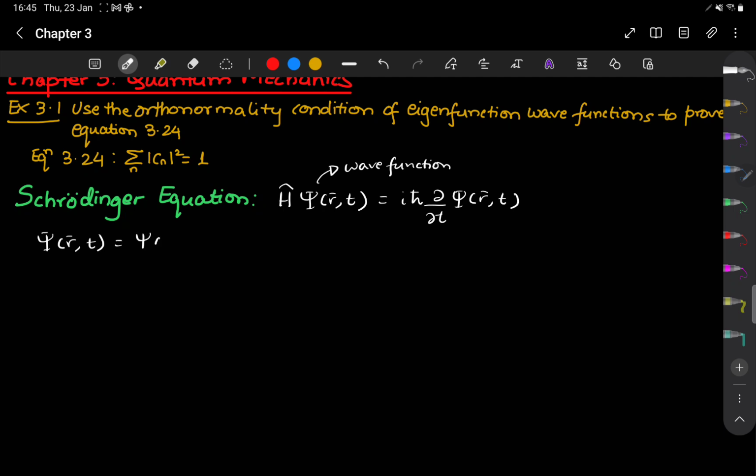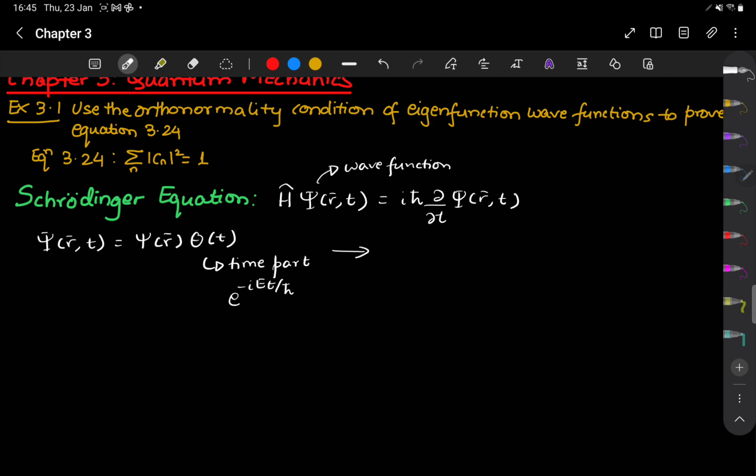We can write it down as follows, with the time part and the space part separated. So this is the time part, and this is given as exponential of minus i E t over h cross.